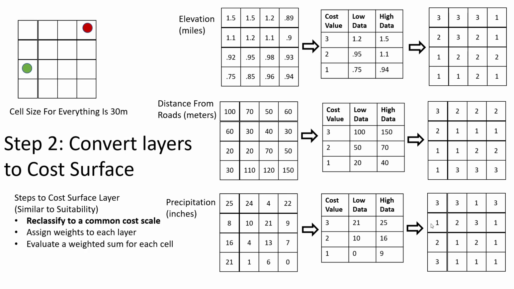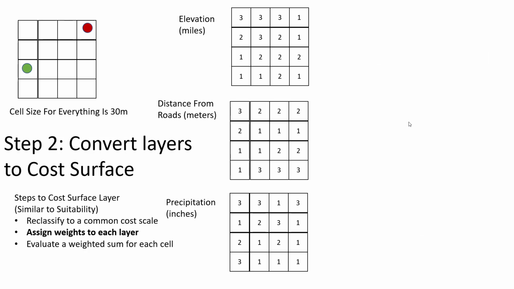So once we've assigned weights to each layer, or once we've classified each data set to a common scale, the next step is going to be to assign weights to each layer. Right, and so you can think of the weights as how important that variable is to the overall calculation of cost. Again, very similar to suitability.